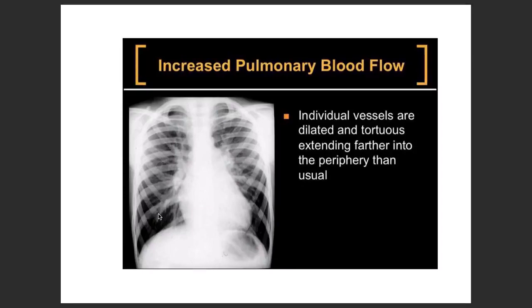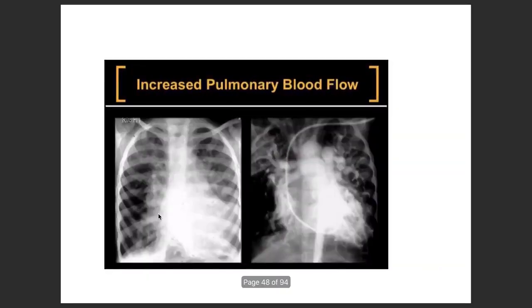This is characteristic of increased pulmonary blood flow. So the increased pulmonary blood flow is happening over here. If you want to see more, I'll show you more. Increased pulmonary blood flow.